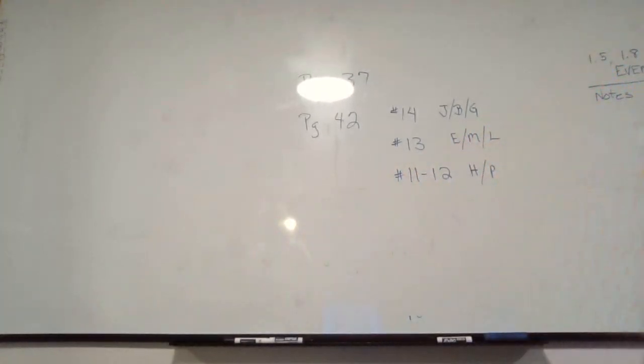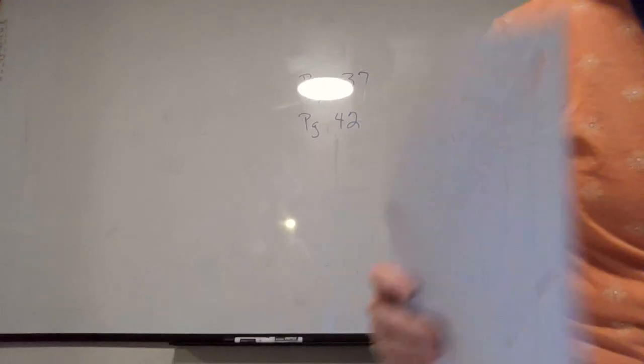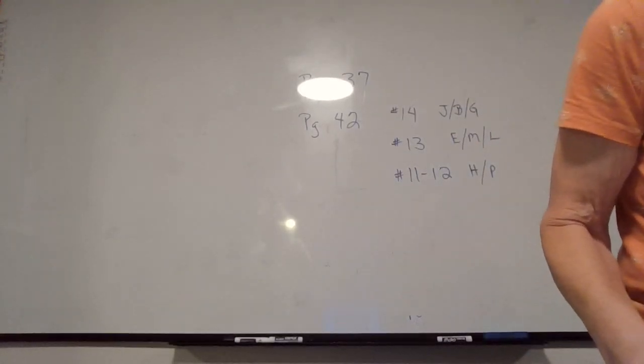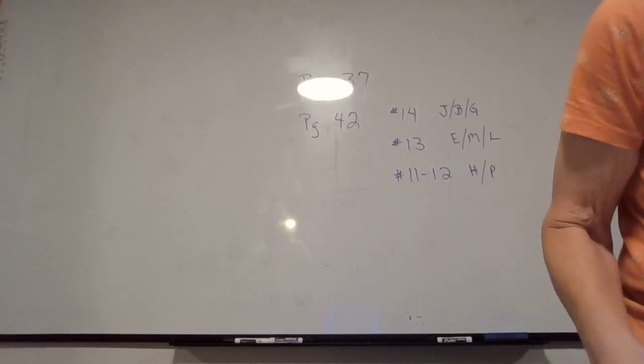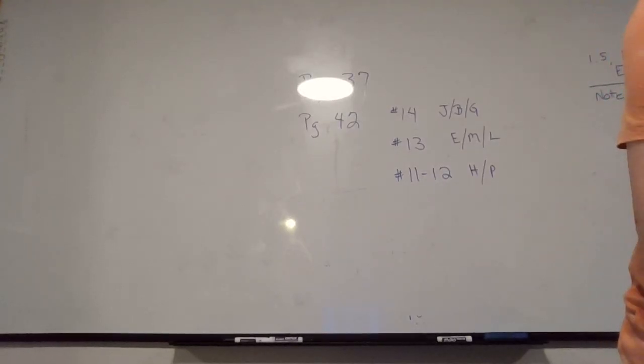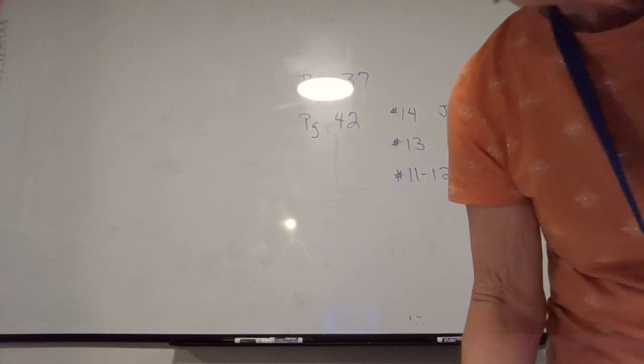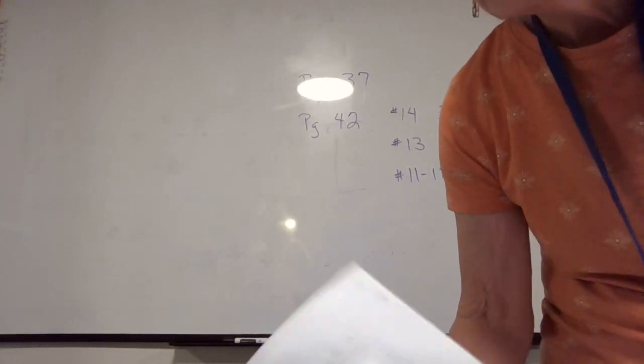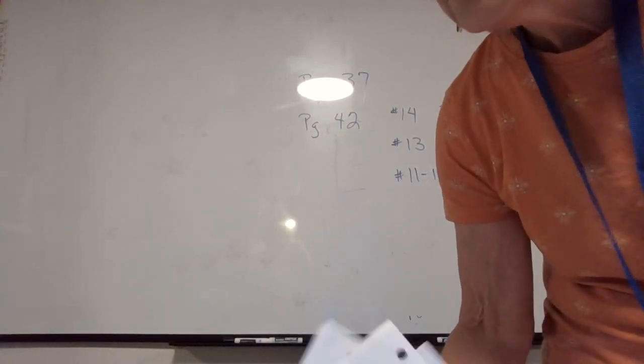Okay, let me go see what's over here. That's Elijah's from geometry. And we've got Gavin's, Jonathan's.